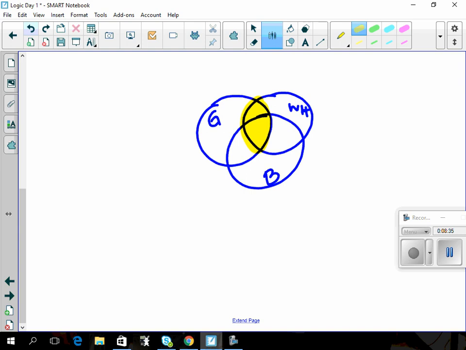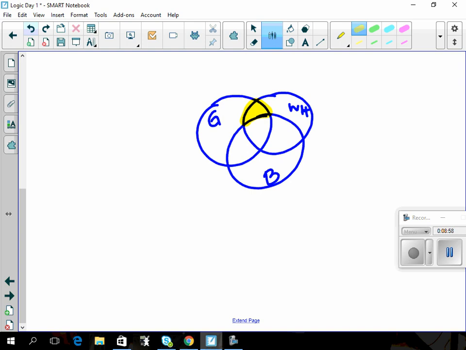That's where the two circles for world history and geometry are. If it said world history and geometry but not biology, then it changes. If it says world history and geometry but not biology, then we're talking about just that. Okay? Yes. Okay.